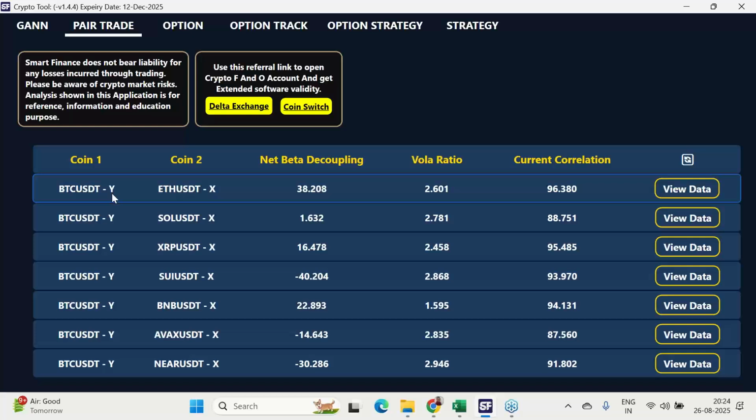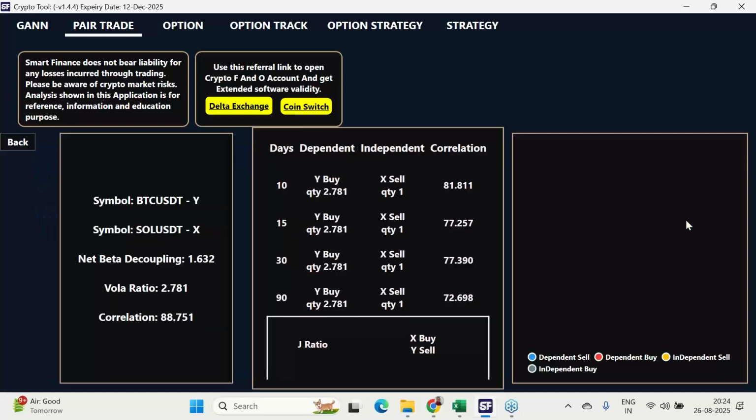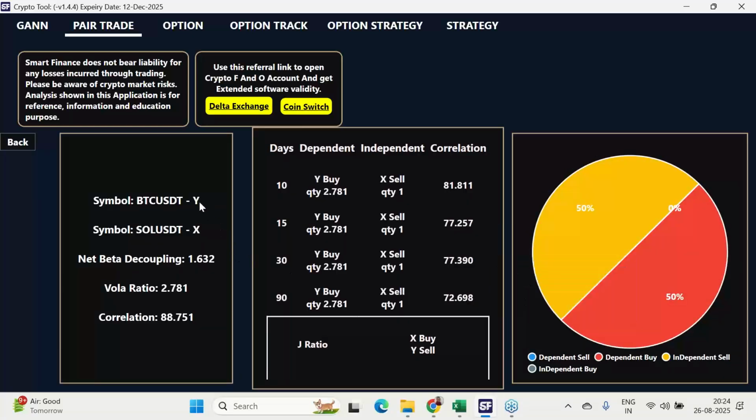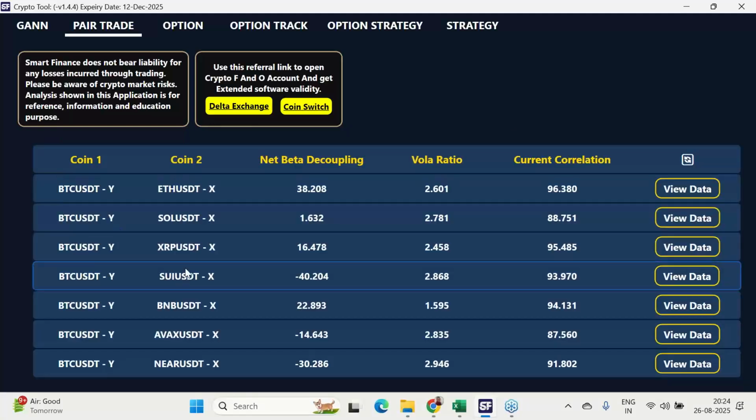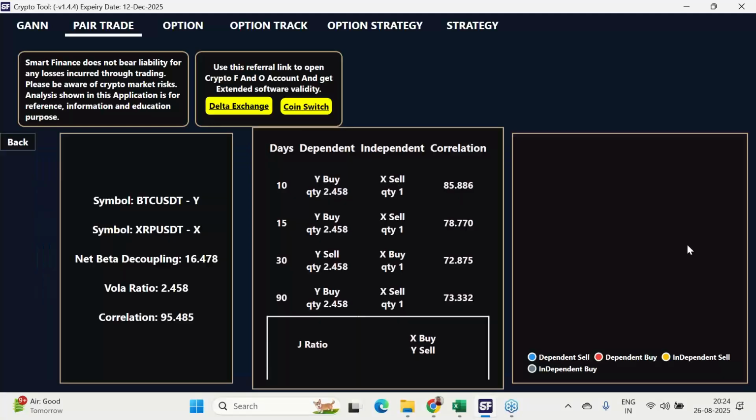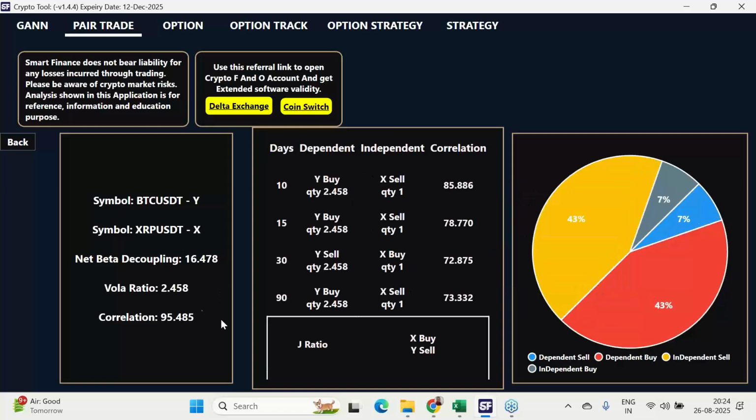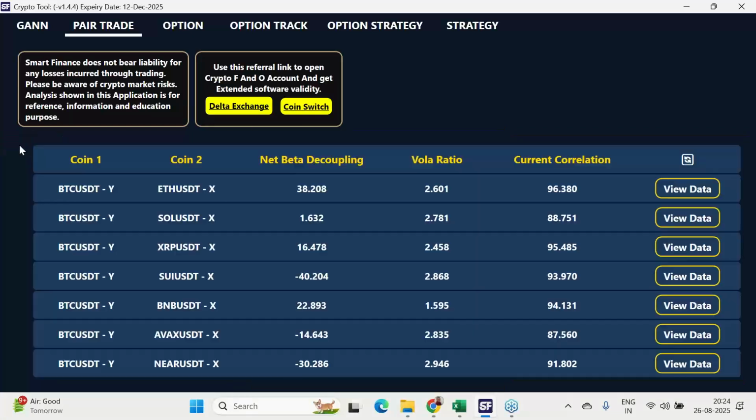Not only with Bitcoin and Ethereum, we are going with Bitcoin and Solana also. Here Bitcoin again is Y, Solana is X. So Bitcoin should be bought, Solana should be sold. Same logic here. You have been given Bitcoin and XRP. Here too you can get similar kinds of things. Bitcoin has been consolidating for a very long period of time. These pairs we have given, and in the days to come we'll add some more pairs.